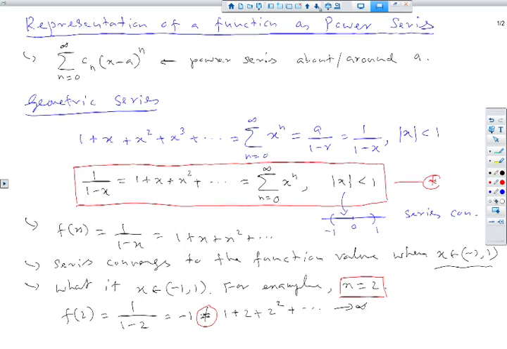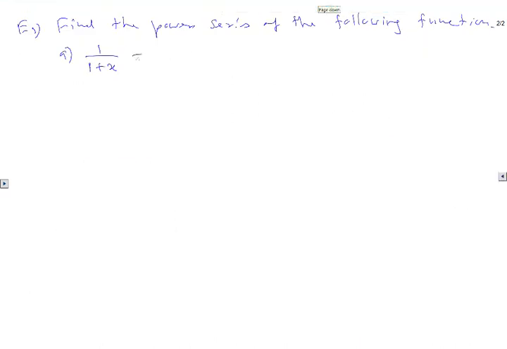We're going to add and subtract. So this is equal to 1 over 1 minus negative x. That's the trick: we add an extra negative sign here. Now what you need to do is simply replace x by negative x.